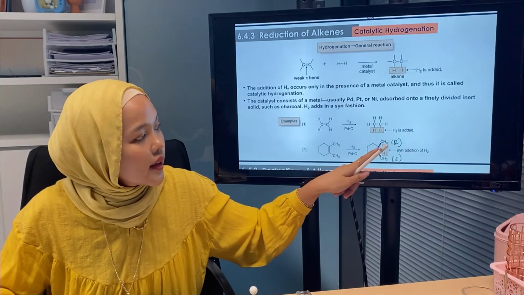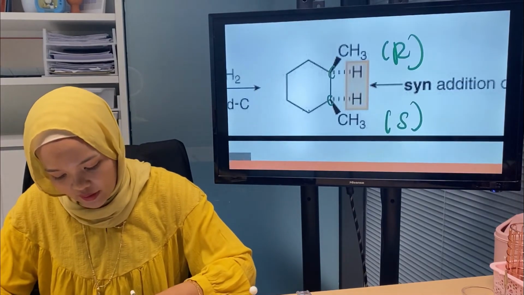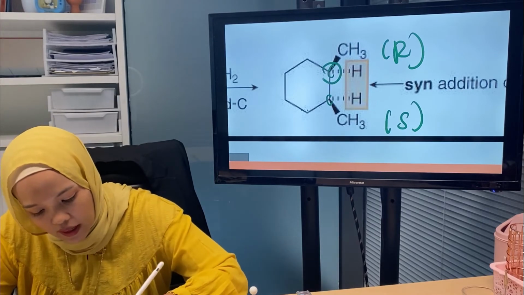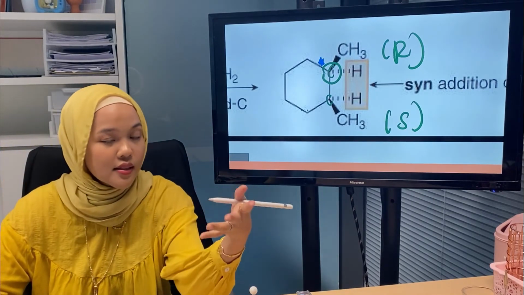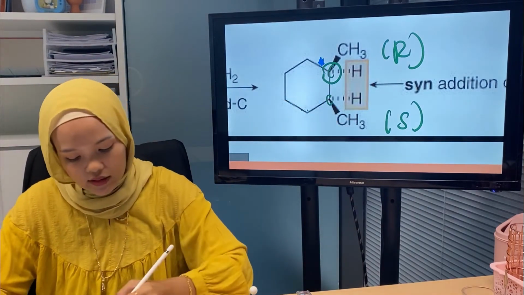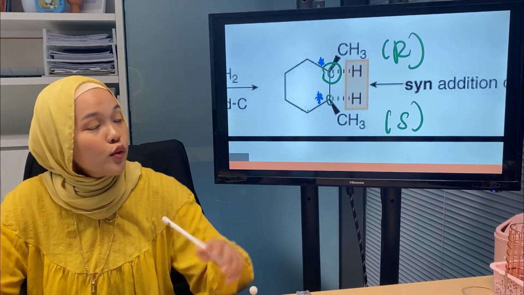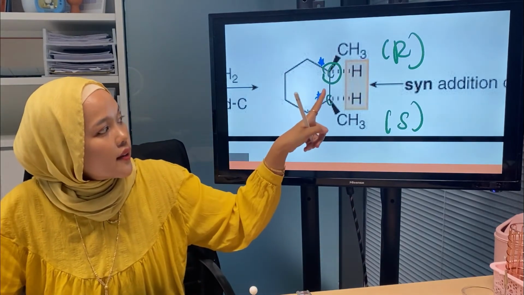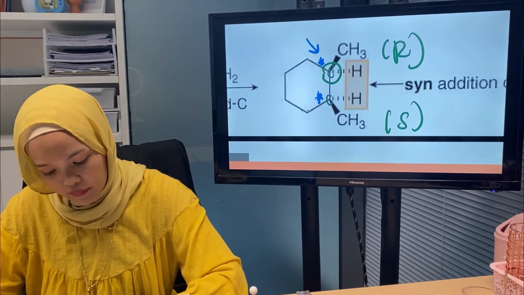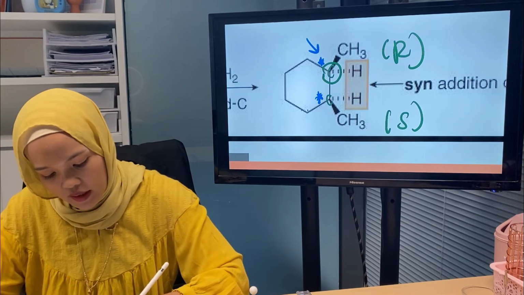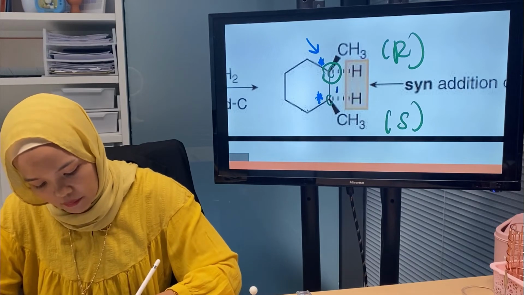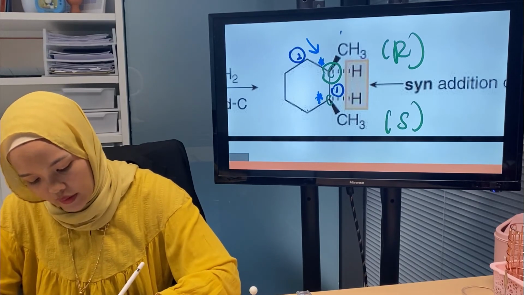If you look at this carefully, why it is important here: your carbon here is a stereogenic center, and this is also a stereogenic center. This is the reason that I want to teach you stereochemistry first. Around this carbon, here is number 1, this one number 2, number 3.